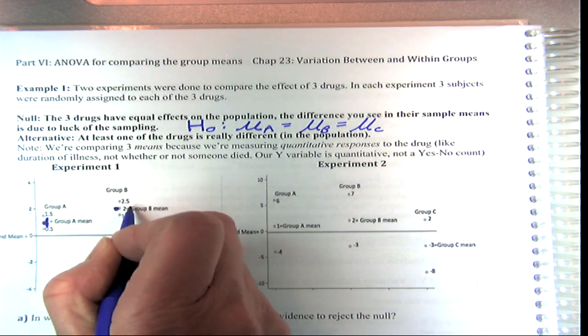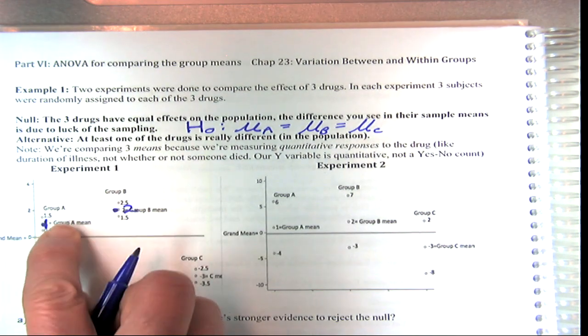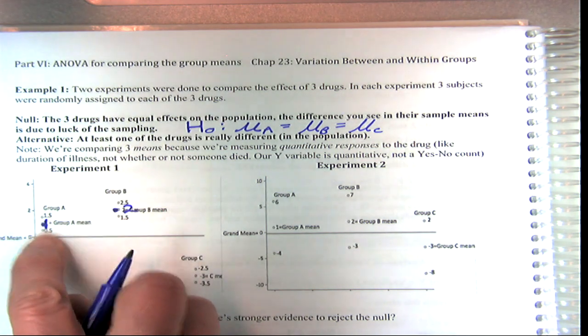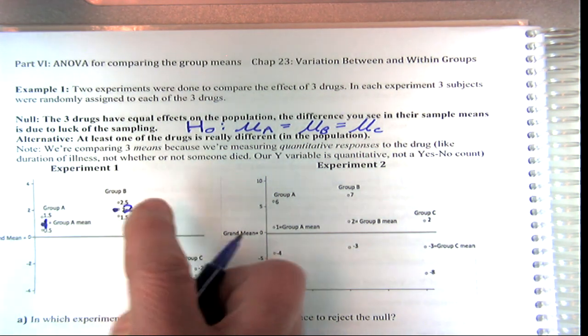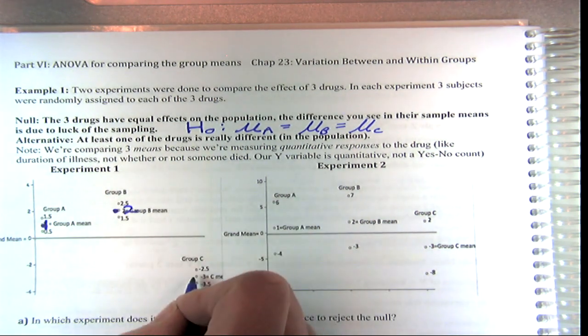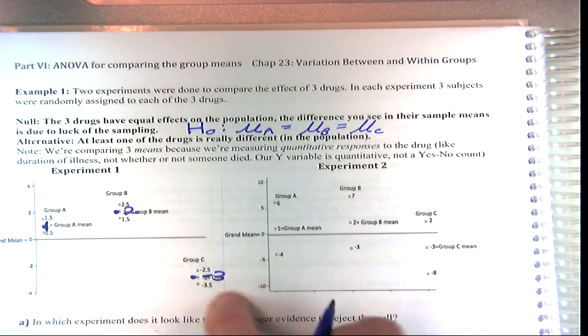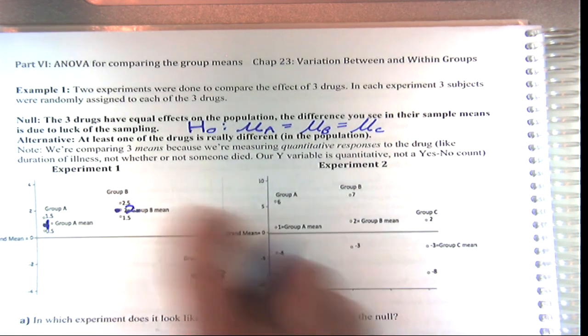I just made a super easy example. So we're comparing whether drug A, which yields 1, drug B yields 2, and drug C yields -3. Okay? So that's one experiment.